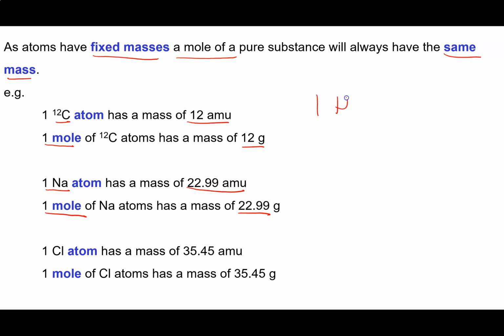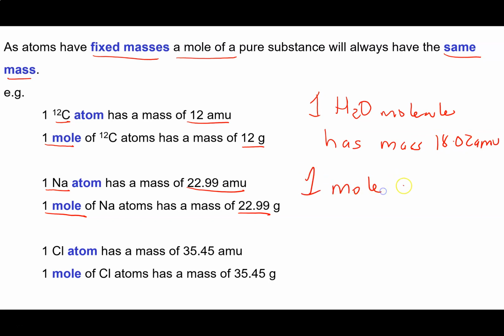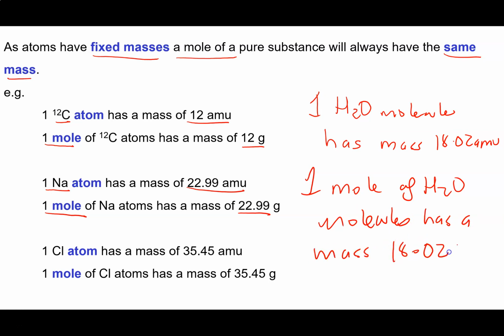So one H2O molecule has a mass of 18.02 AMU. One mole of H2O molecules has a mass, you guessed it, 18.02 grams.